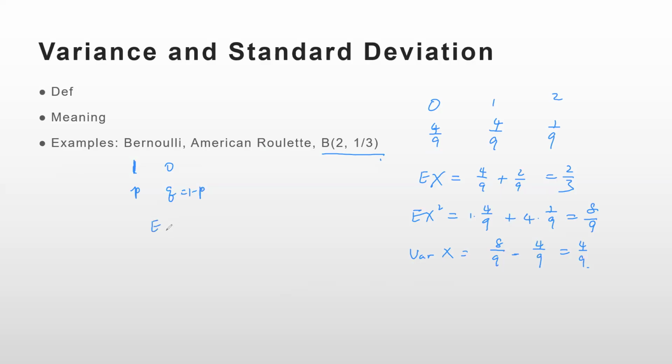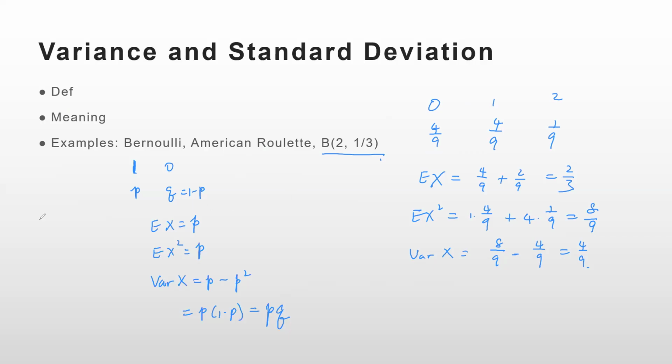We know E of x equals P. E of x squared is also P, because 0 squared is 0, and 1 squared is 1, so it's still P. So the variance of x equals E of x squared, which is P, minus E of x then squared, so P squared. So it's P times 1 minus P. Sometimes we say PQ. It's pretty easy to memorize. For the Bernoulli distribution, the variance is P times Q.